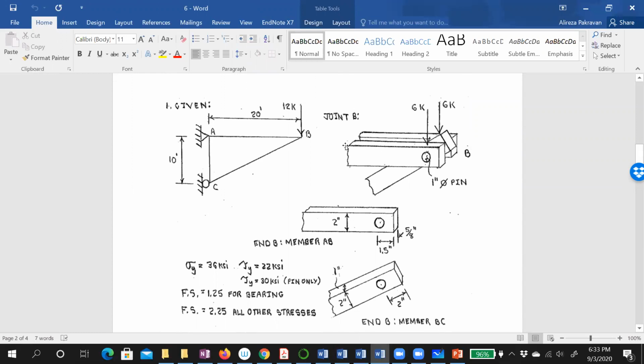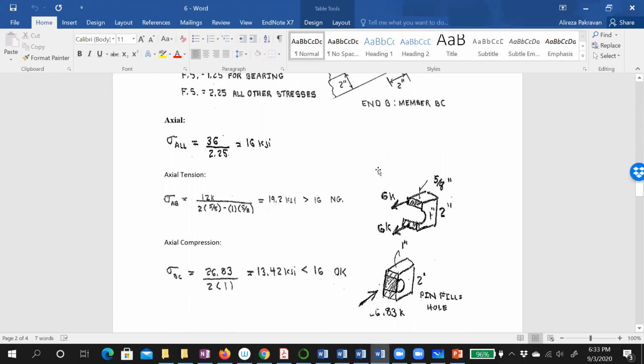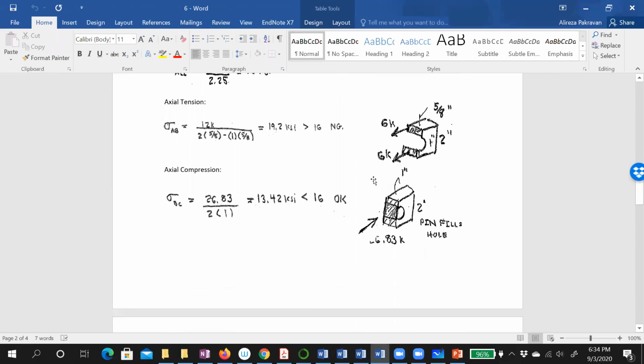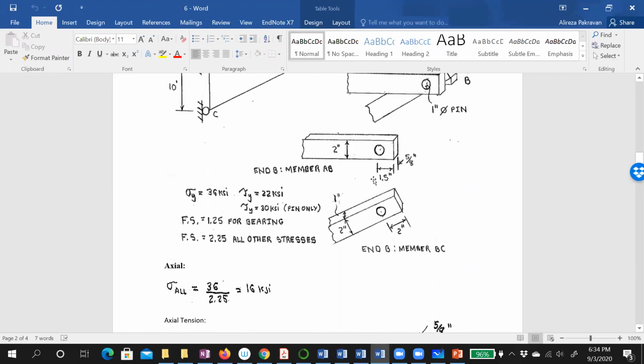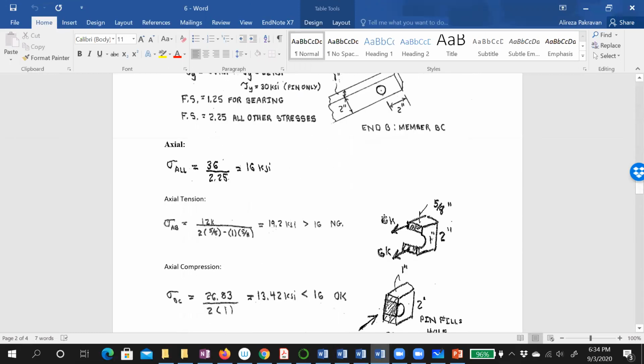So half of the 24 goes to this beam, and half of the 24 goes to that beam. Oh, okay, that makes sense. So we're actually using the force AB that we found. Yes. So based on the direction of the force you're using, that decides the cross-sectional area? Yes, exactly.